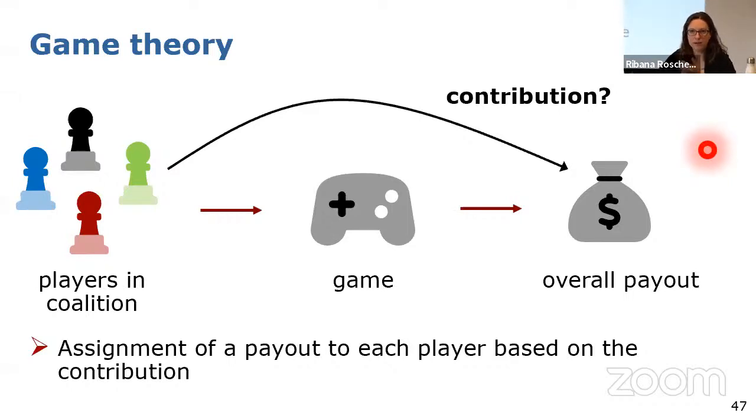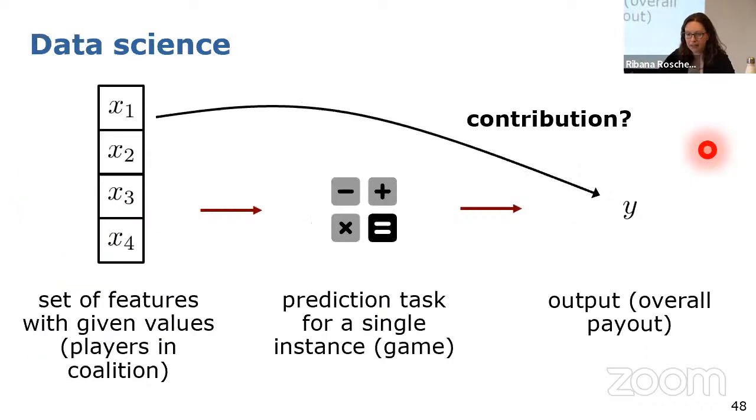And so now you might ask, okay, that's nice, but we are actually doing data science. So how can we transfer it to data science? This can be done in the following way. We have given a set of features, x1, x2, x3, x4. This is a set of features with given values, so this is a sample. And this is nothing else than the players in the coalition.